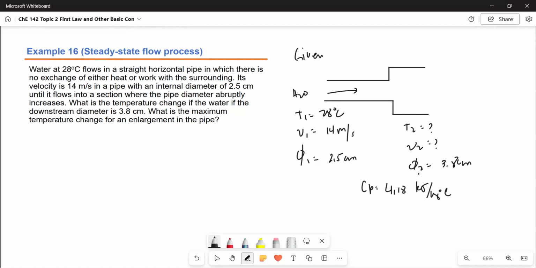There's no exchange of either heat or work, so Q is 0, work is 0. So what is being asked? What is temperature 2?